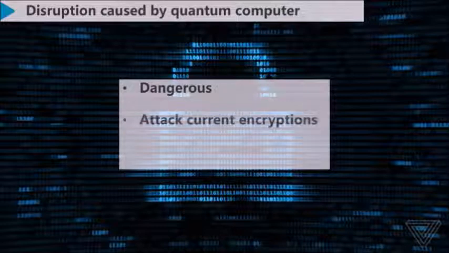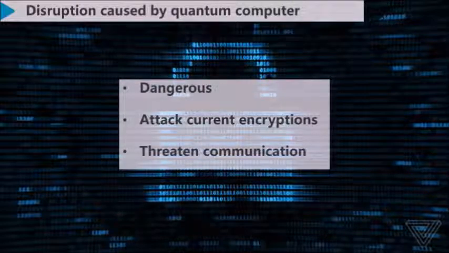It also poses a significant risk to both asymmetric and symmetric key algorithms, which are our current encryptions. In addition, quantum computers can threaten our secure and authentic communication because they are better than current computers at calculating or searching exhaustively all secret keys, allowing an eavesdropper to intercept the communication channel.